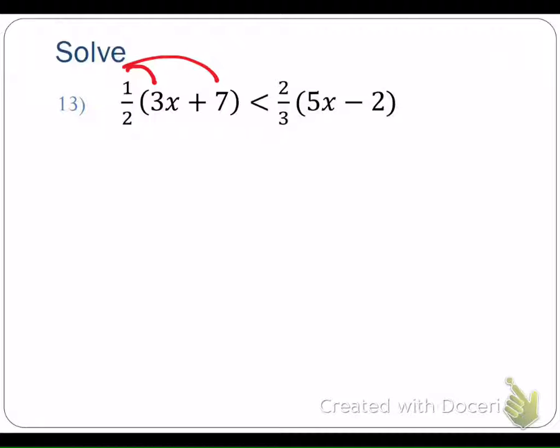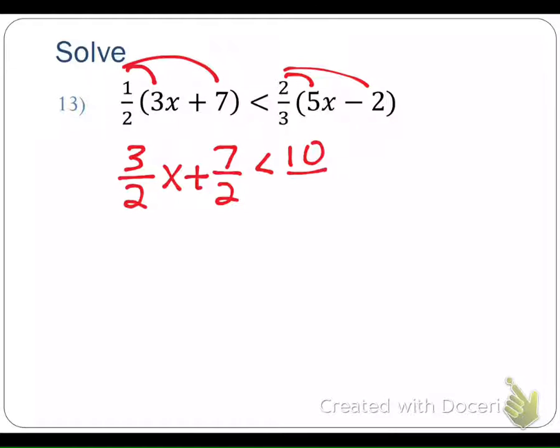If you don't want to do it this way, don't. We've done 13 examples. You should be able to handle one on your own. So if you want to multiply through by the LCD and then just check your work with us, that is fine. When you distribute a half, you get 3 halves x plus 7 halves less than, back here we get 10/3 x minus 4/3.